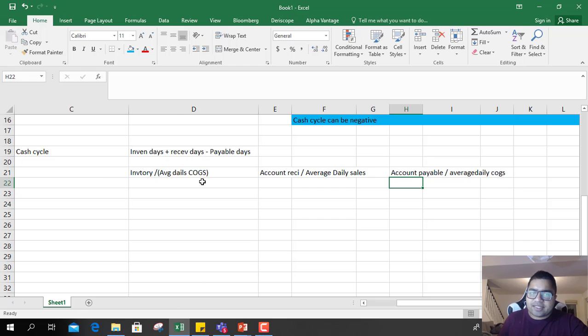It is inventory days plus receivable days minus payable days. How are inventory days computed? It is total inventory divided by average daily COGS. Whatever COGS you have, you first divide it by 365 and then use this formula. Then receivable days is account receivable divided by average daily sales, and payable days is account payables divided by average daily COGS.